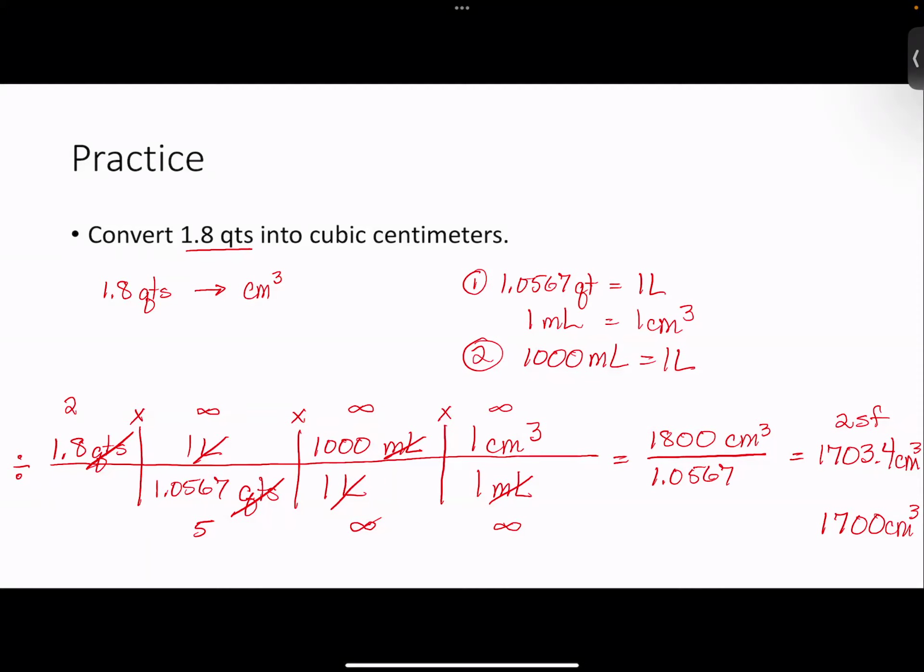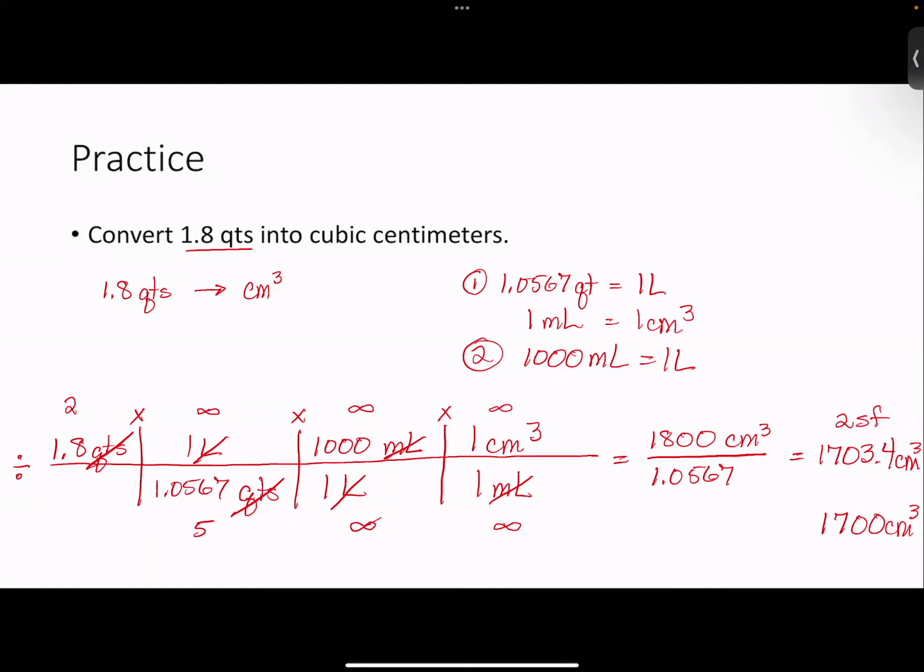The question you have to ask yourself is, is this exact or did this come from a measurement? If it's exact, meaning it was counted, then it would have been infinite. But if it came from a measurement, then it was not infinite. Does that answer your question?